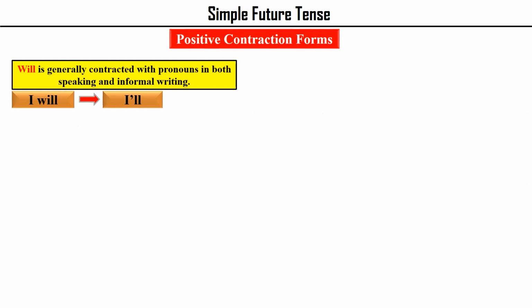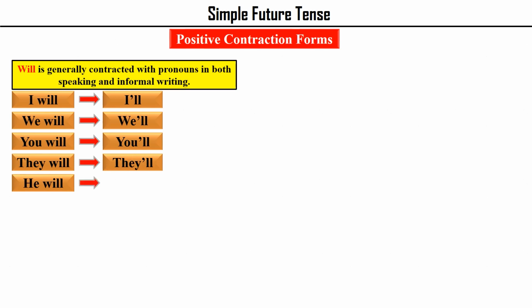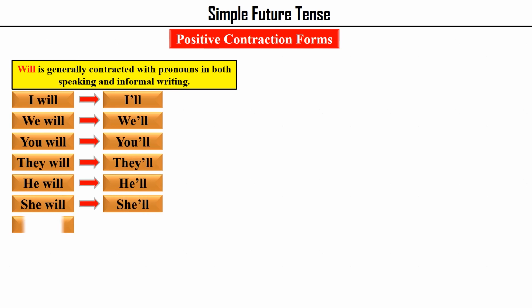I will becomes I'll. We will becomes we'll. You will becomes you'll. They will becomes they'll. He will becomes he'll. She will becomes she'll. And it will becomes it'll.